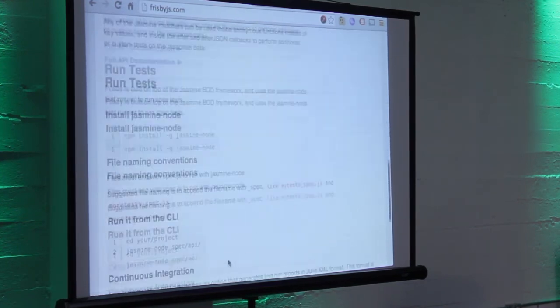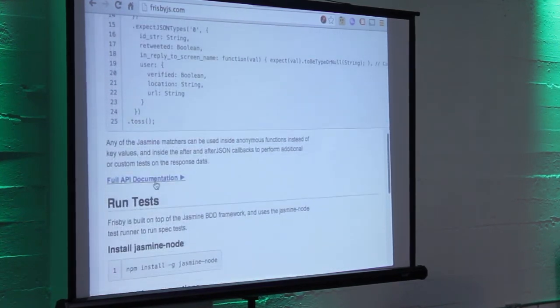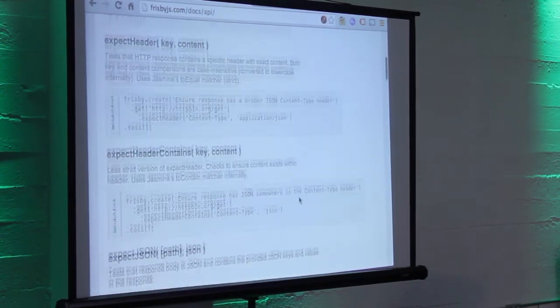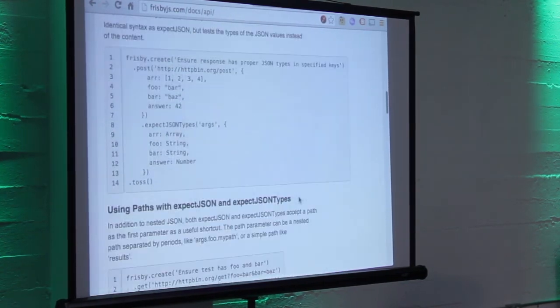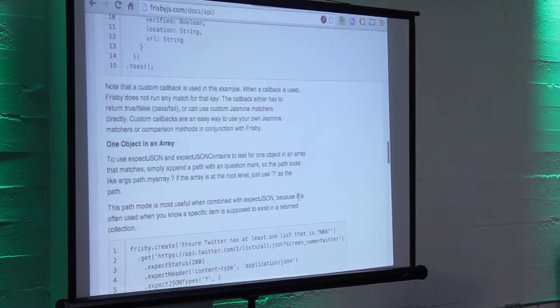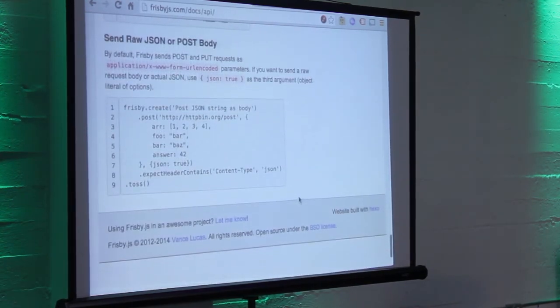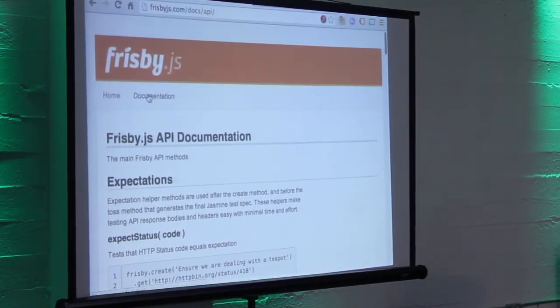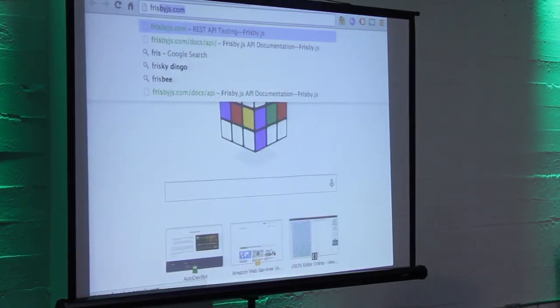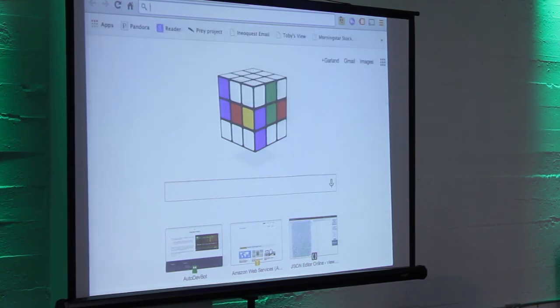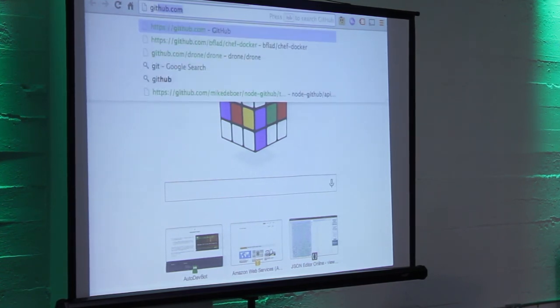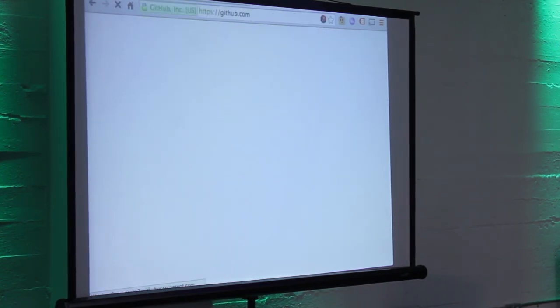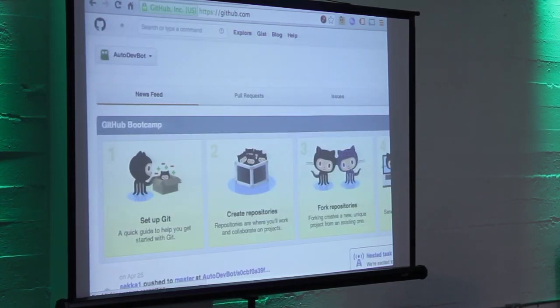So one weird thing about Node.js is that, since it's async, your tests might run a little funny. All this stuff is async, so it'll run all at the same time.